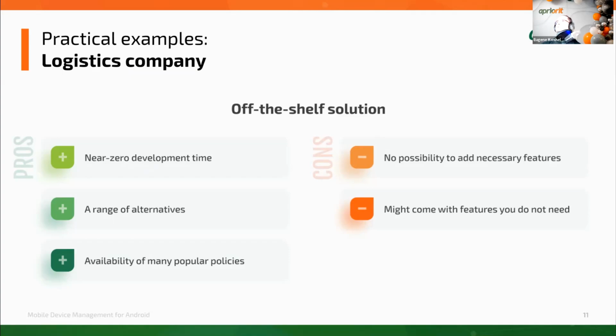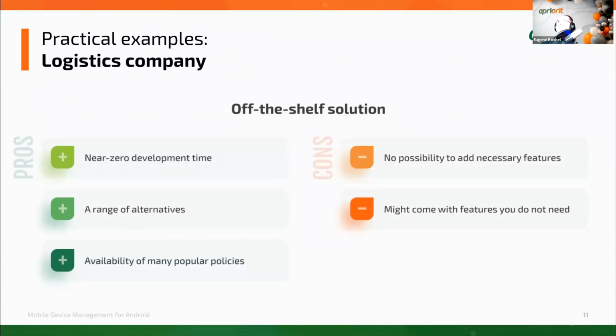And third one is that selecting the off-the-shelf solution can be very easy because there are a lot of companies that already tapped into this market and have implemented their own solutions. Like the choices, it's very wide.